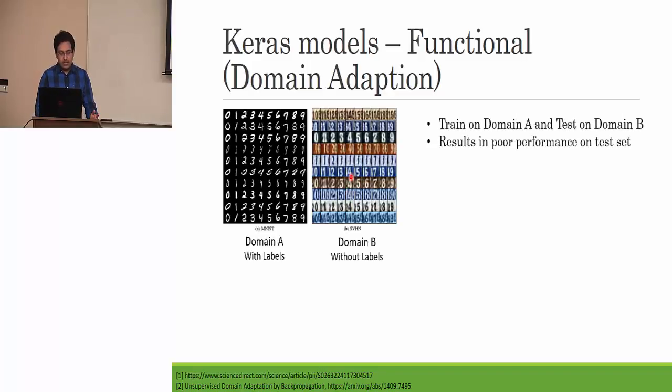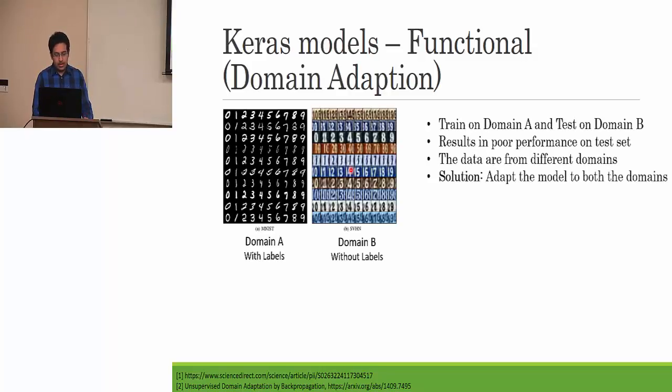The reason for this is there is a huge domain shift between these 2, as in the model has never seen these examples during training. So once you test it with these, the performance drops because they are from different domains.